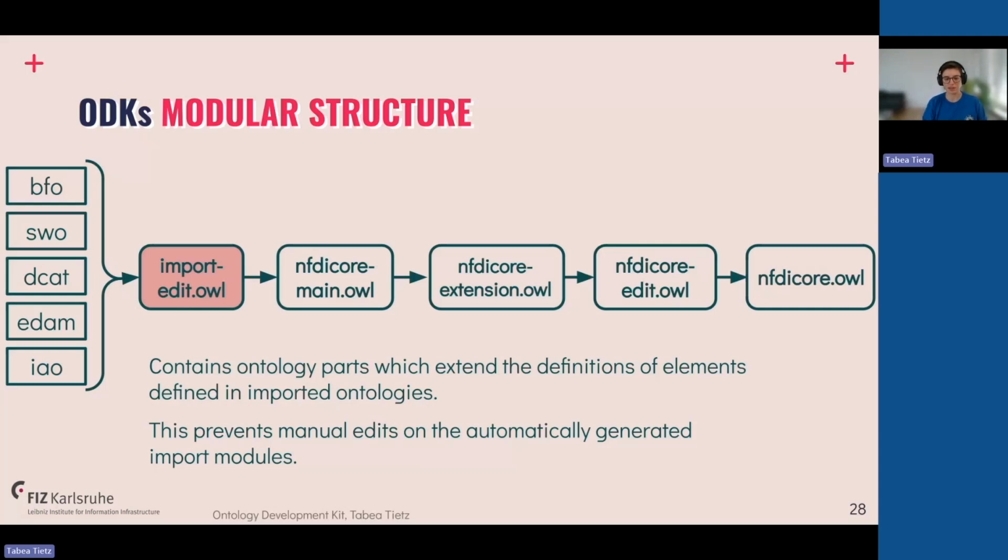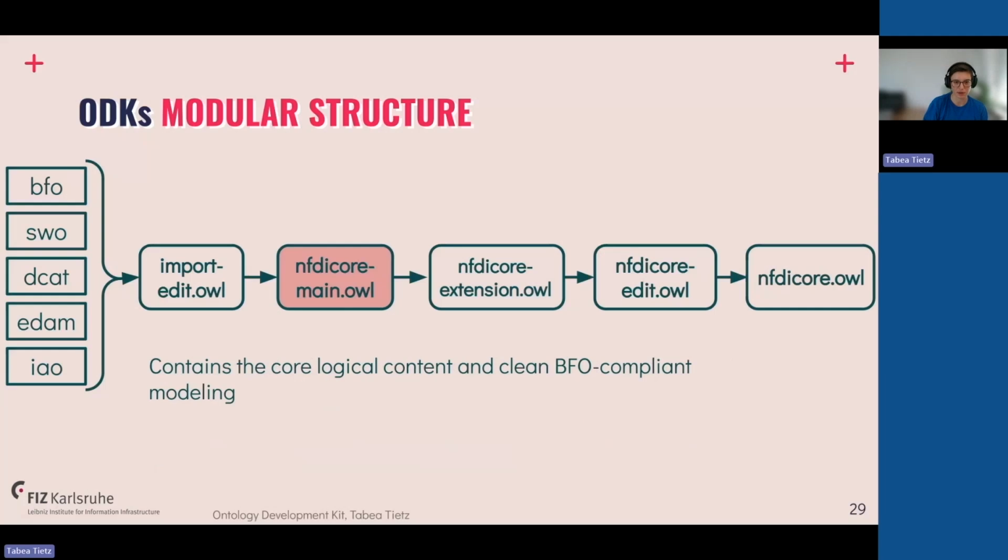And what this does is it prevents us from manually editing these automatically generated import modules. This is then imported by the NFDI core main owl file, and this contains really the core content of our clean BFO compliant modeling in NFDI core.